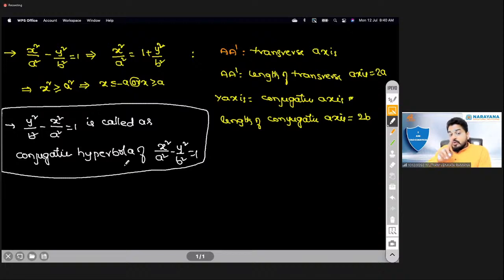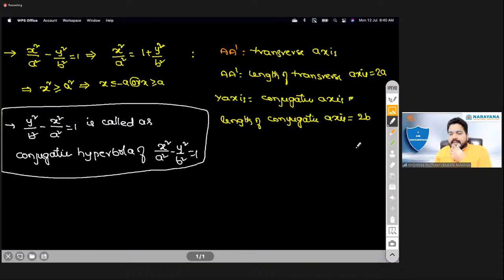Okay, so this is the conjugate hyperbola, and the length of the transverse axis of the conjugate hyperbola is the length of the conjugate axis of this equation. Leave that side directly. Whatever the positive term is, x square by a square, that 2a is the length of the transverse axis, y square by b square, 2b is the length of the conjugate axis.